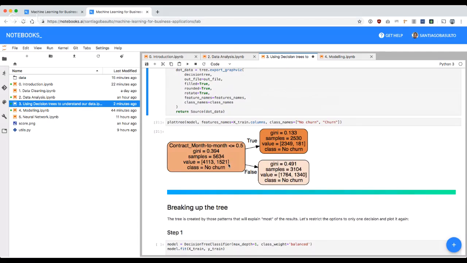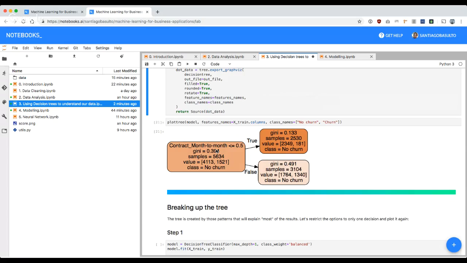But one important feature that our decision tree is finding is that the month-to-month contract type will probably have a higher probability of being in the churn set. And this, of course, makes sense.